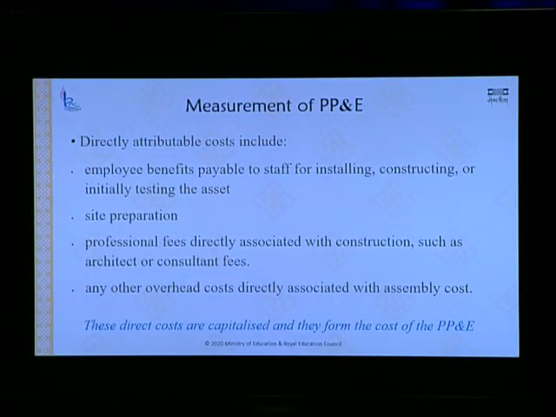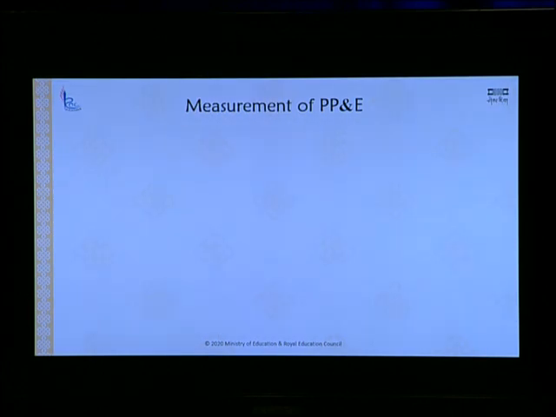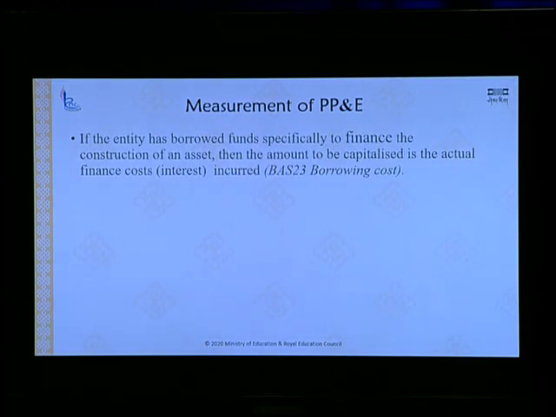So, these direct costs are capitalized, meaning that the following costs should be added to the cost of the assets. If the entity has borrowed funds specifically or mainly to finance the construction of an asset, then the amount to be capitalized is the actual finance cost, which is the interest incurred.